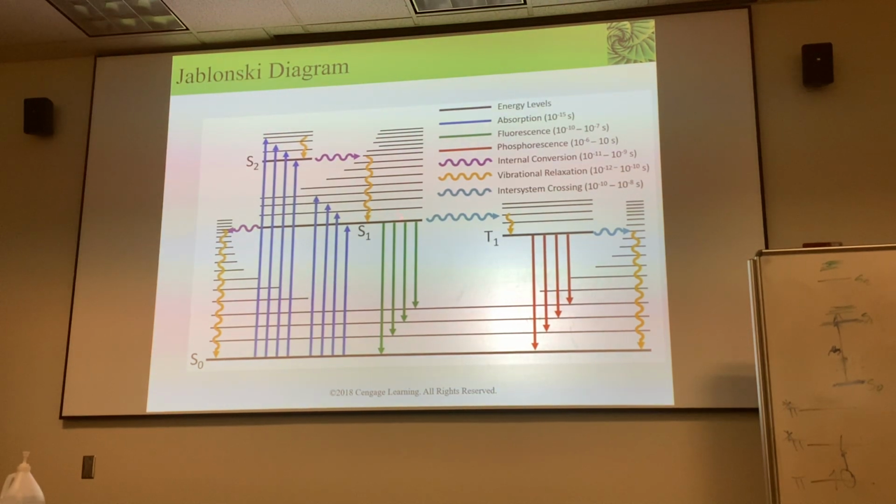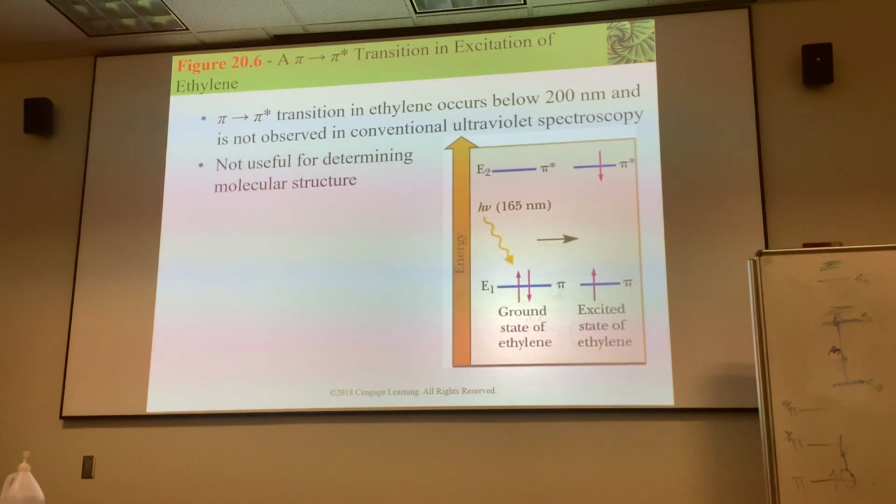I'm going to get rid of this last bit of energy by releasing a photon of light, so it does that. And then this is a similar thing. It looks the same, or similar, but like glow-in-the-dark stars, it takes longer. Intersystem crossing is a process that takes time, so delayed glowing is generally phosphorescence.